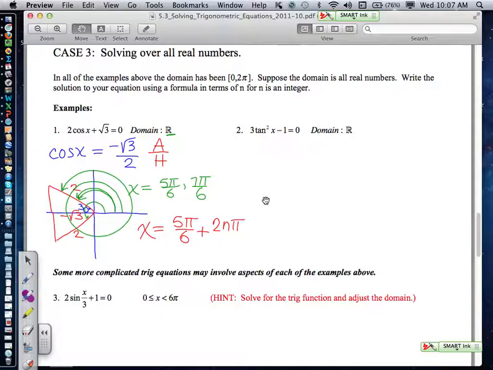And then the same thing for 7 pi over 6, so 7 pi over 6 plus 2n pi. And we're going to stipulate that n belongs to the set of integers because we want this to be 2 times 1 pi or 2 pi, 2 times 2 pi or 4 pi, so 2 pi, 4 pi, 6 pi. That's it.